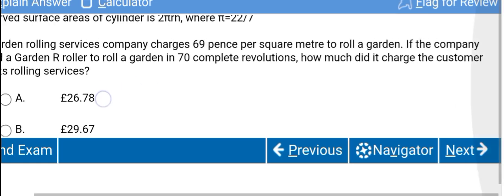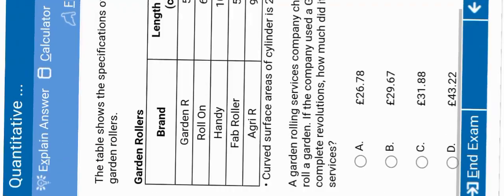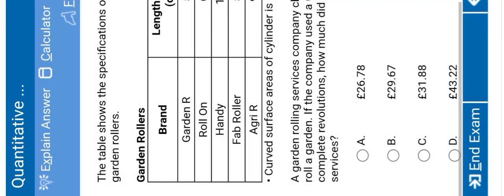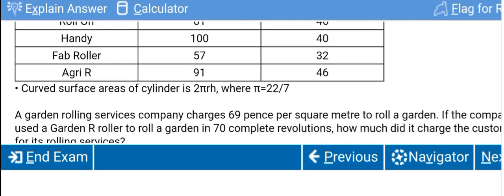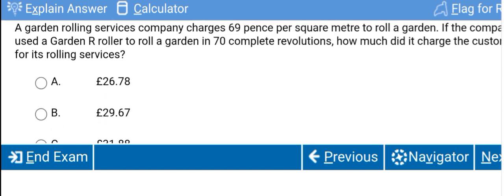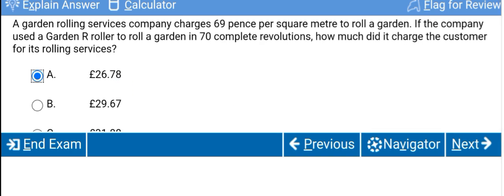If the company used a garden arm roller to roll a garden in 70 complete revolutions, how much did it charge the customer for its rolling services?